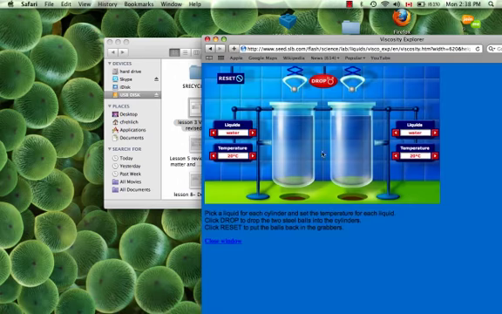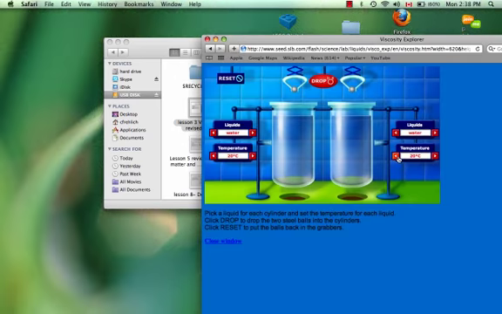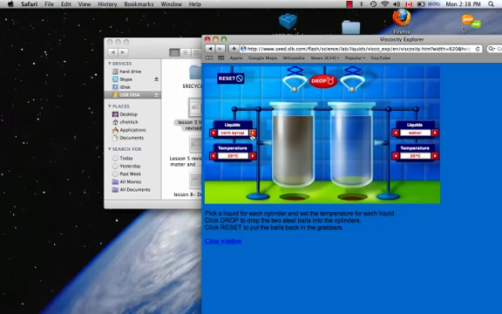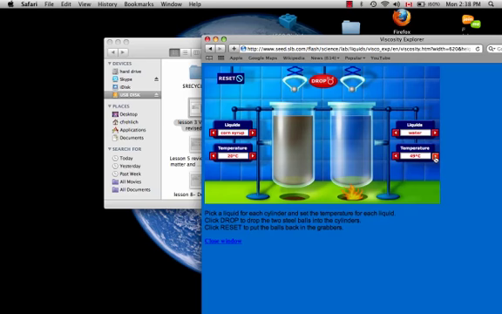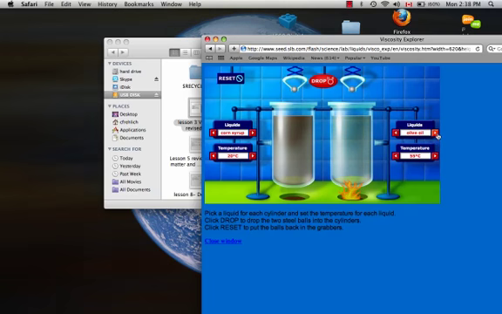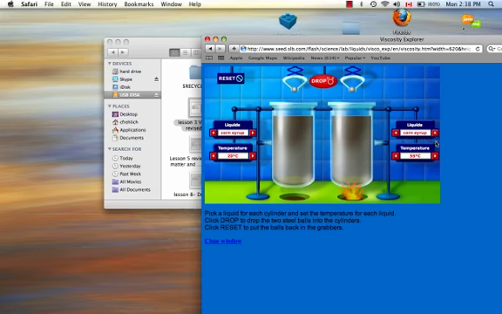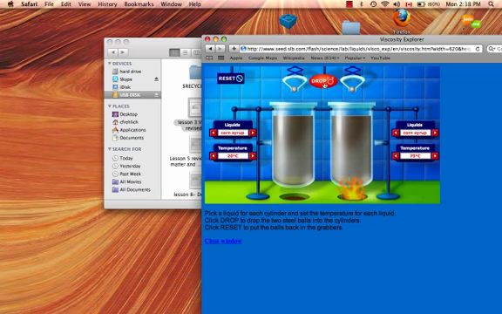Here's one that we can compare. So let's take corn syrup at 20 and compare it to corn syrup that's really hot. And let's see how long the marble takes to drop.